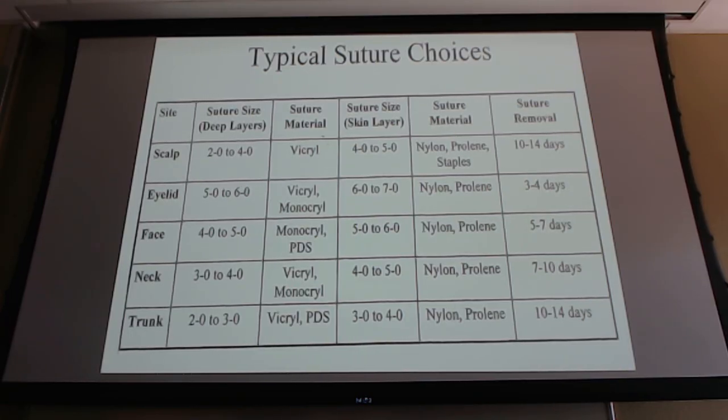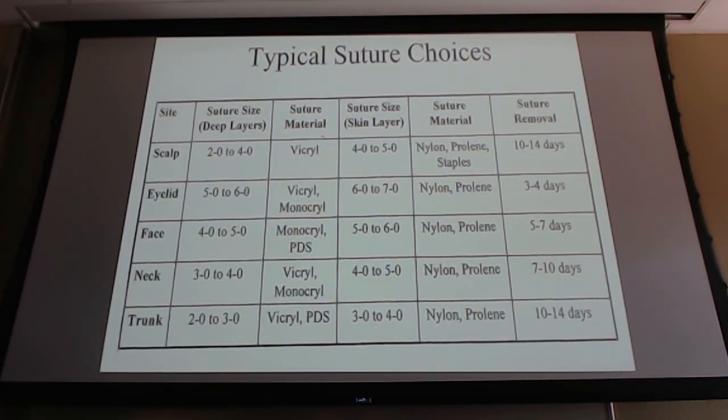Let's say a laceration has happened on an individual's trunk. Well, if it says that it's deep, then I'm going to pick 2 to 3 Vicryl and 3 to 4 nylon. Okay?